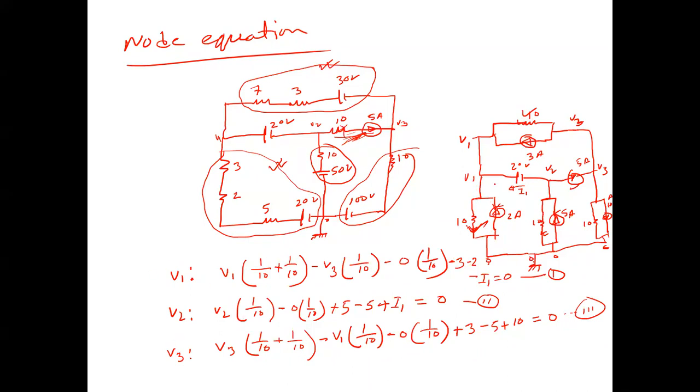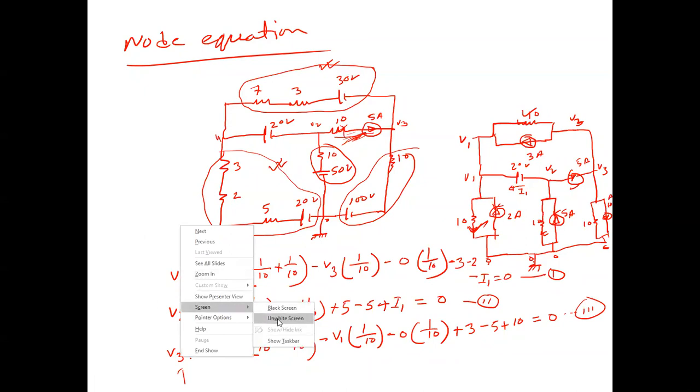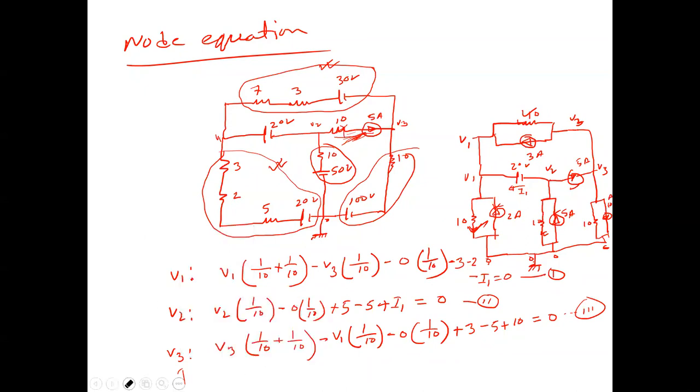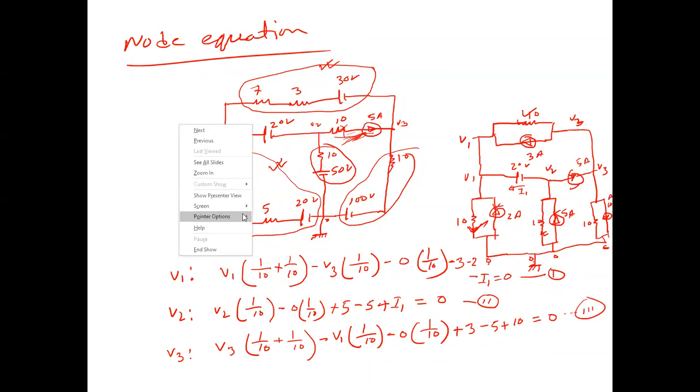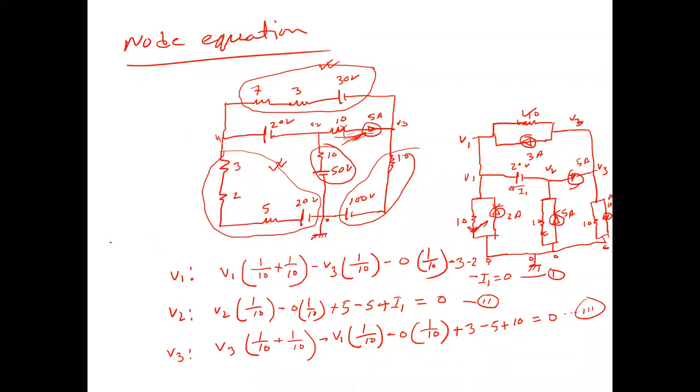Now current, this is the 20 volts, so now the name is I1. Okay, I1, this portion, this current flow, negative to positive.